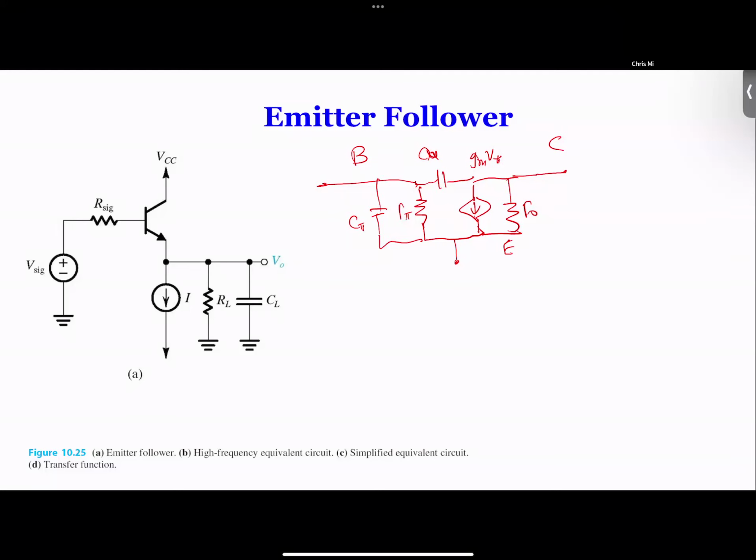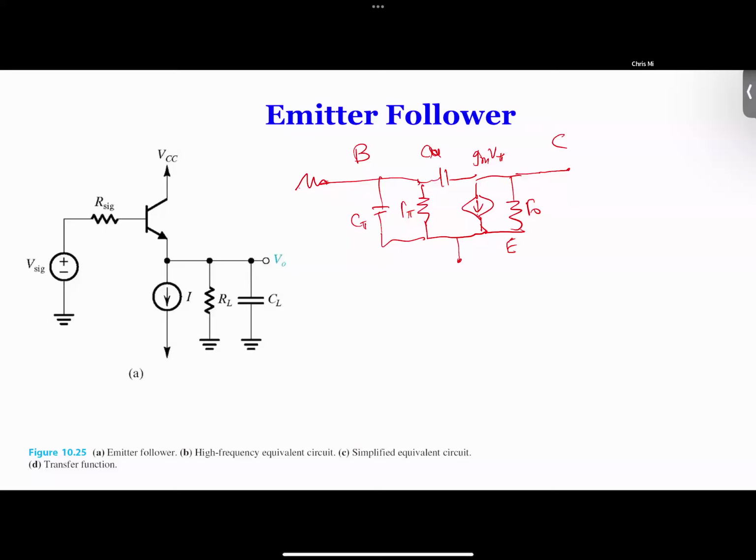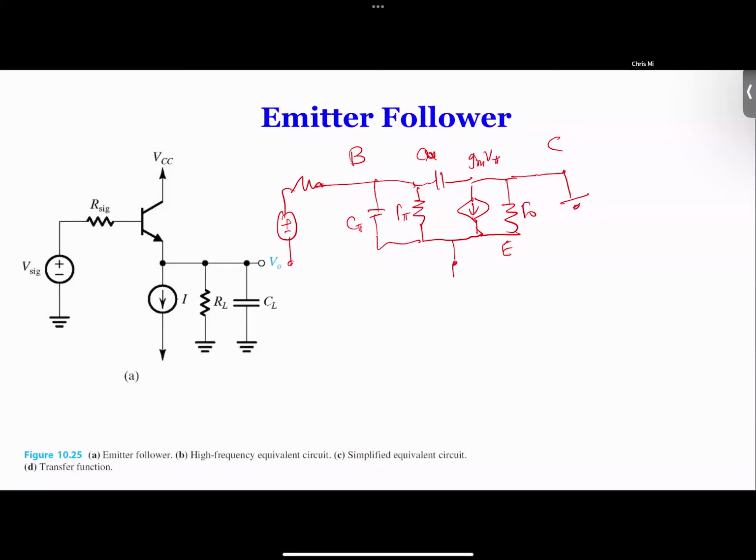Again, if you observe the difference, you add R pi instead of the open circuit for the MOSFET. Right? So now we're going to add our input, and we're going to ground the collector, and then we're going to add the load at the emitter, and then this is your output.